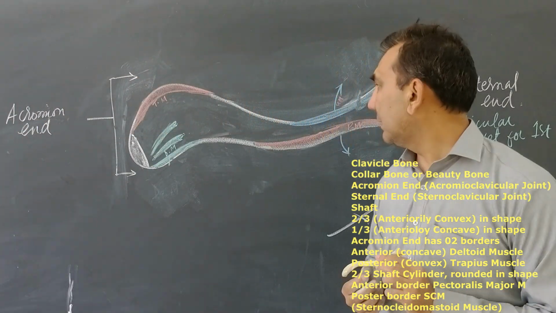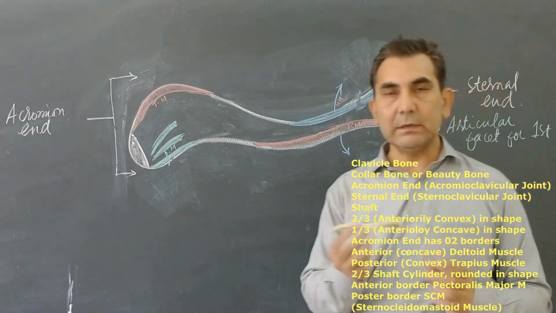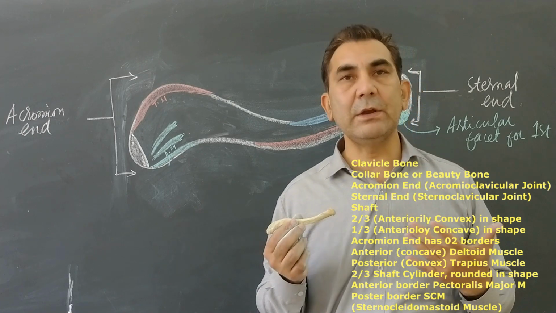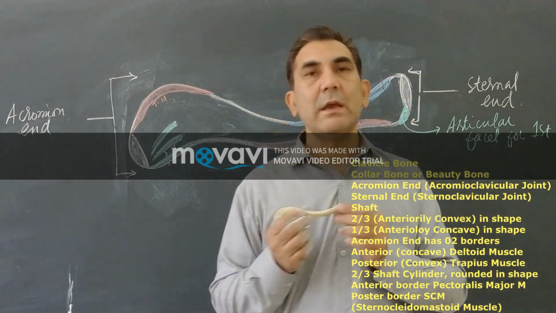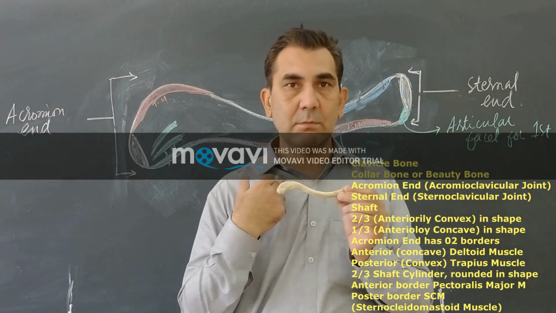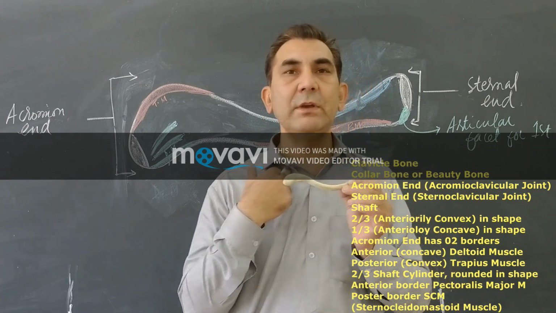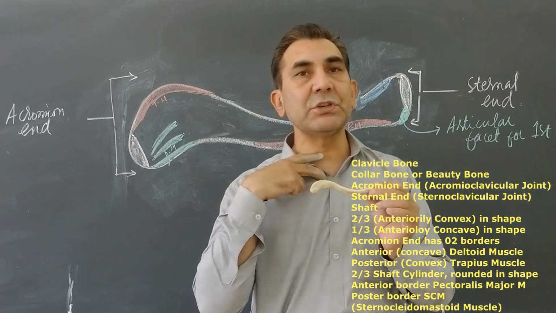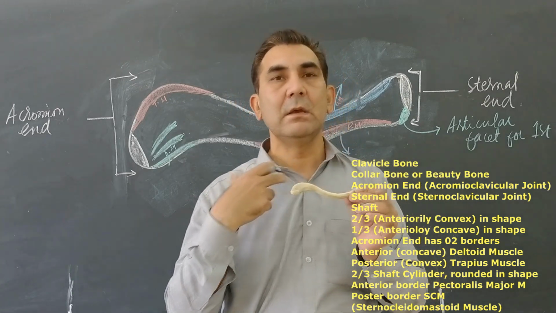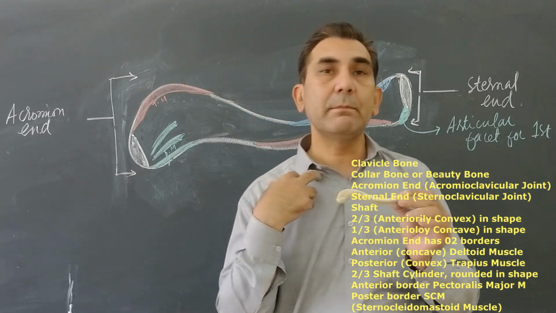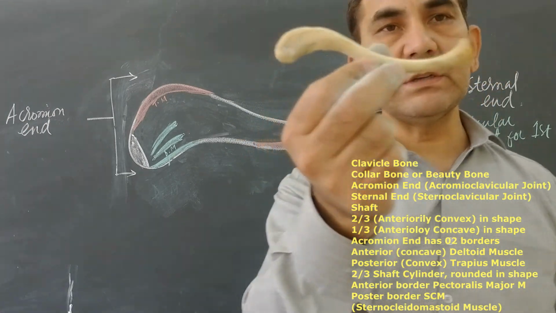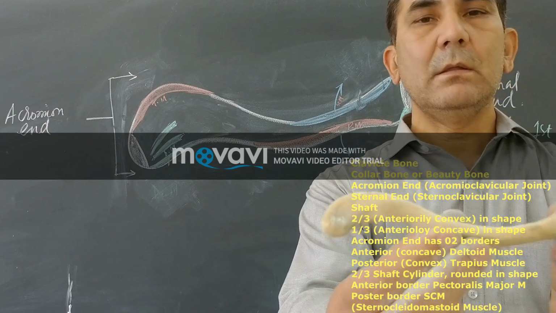The clavicle is situated at the superior part of the thoracic cage. It is a subcutaneous bone, so you can feel the length of the clavicle by palpation. If you look at this clavicle bone, you see it is an S shape.